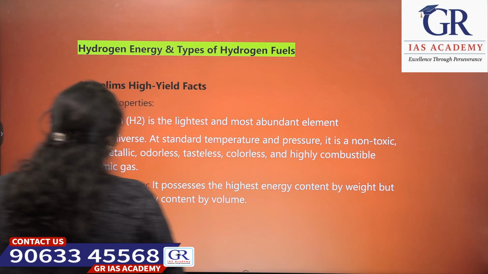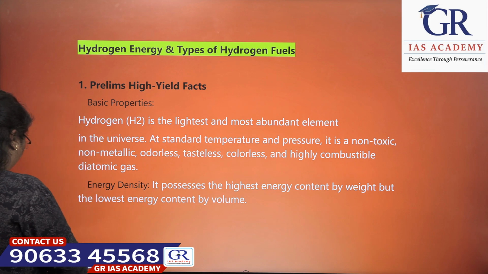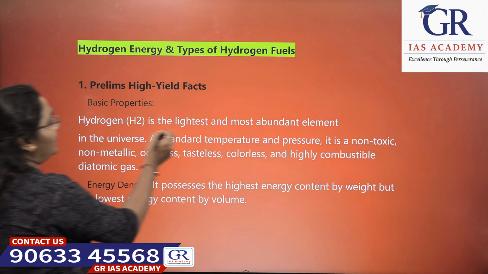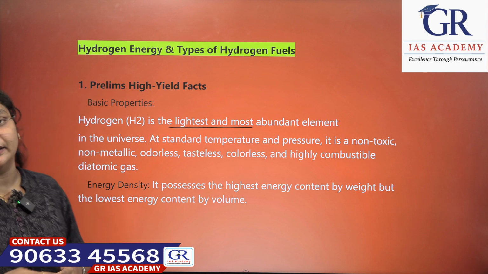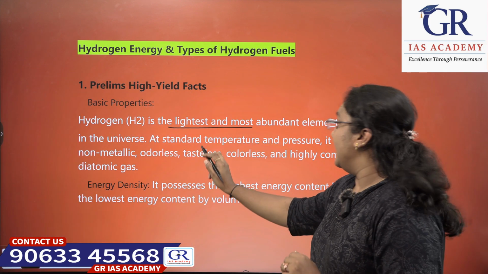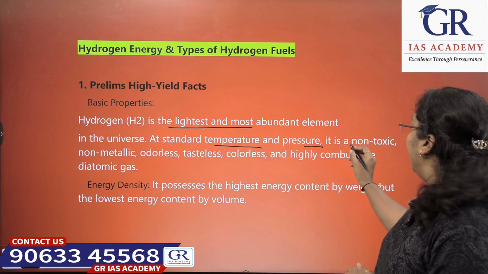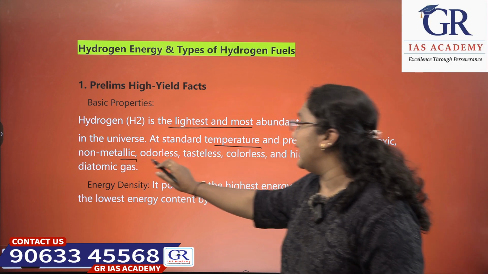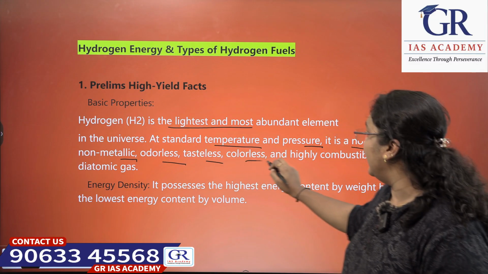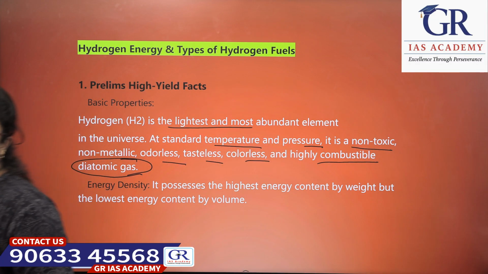Let's see a few prelims high yield facts. Let's see the basic properties of hydrogen. Hydrogen is the lightest and most abundant element in the universe. At standard temperature and pressure, it is a non-toxic, non-metallic, odorless, tasteless, colorless and highly combustible diatomic gas.